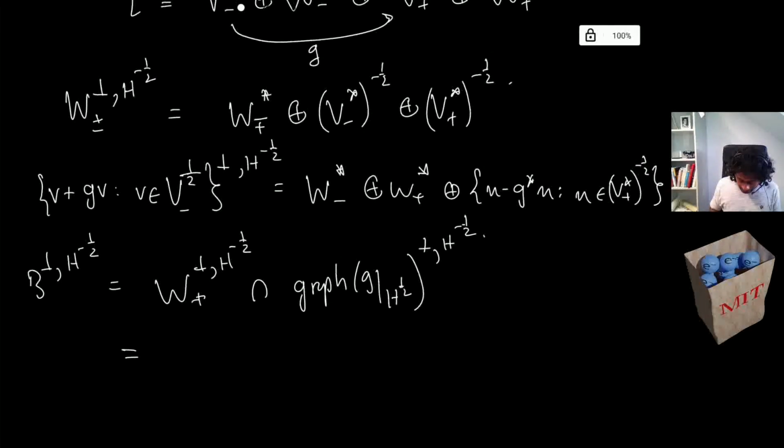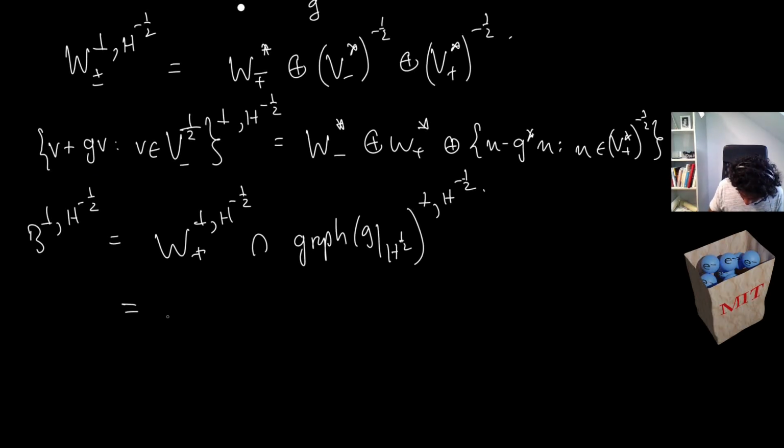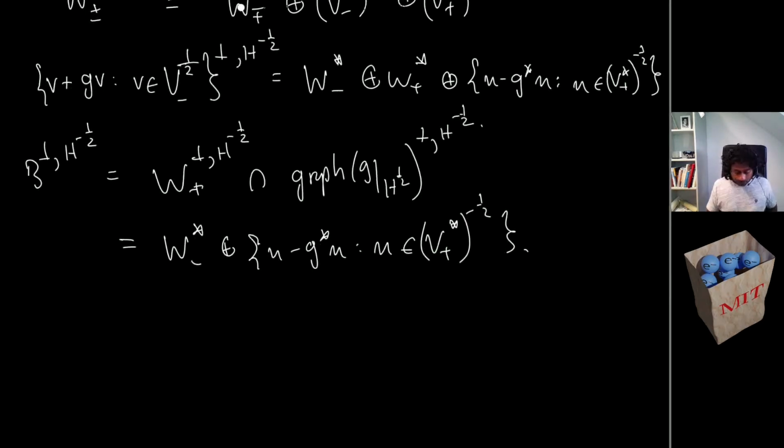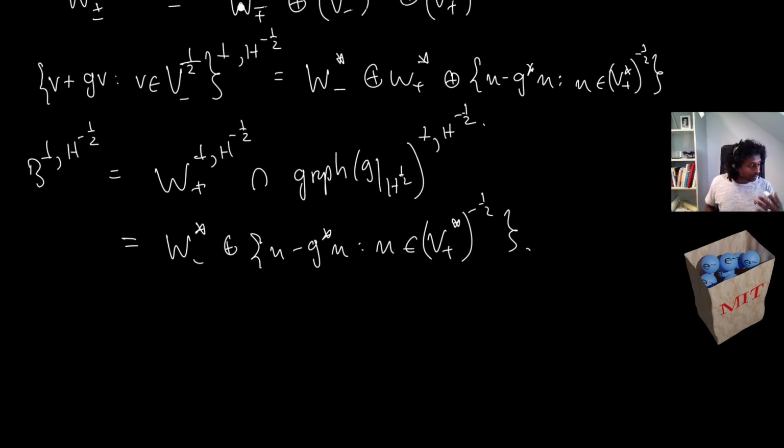So this is now going to contain the W minus, but it's not going to contain the W plus. So what we end up with is W minus star plus U minus G star of U, such that U is in V plus star minus a half. Okay? So that's when we annihilate in H minus a half.